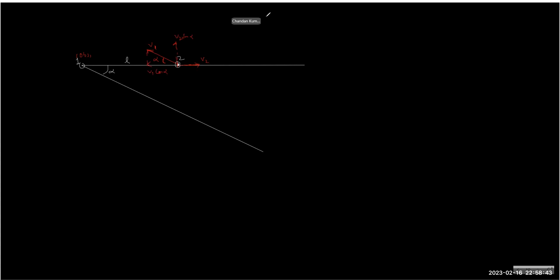So in a better way, you can write like this. This is L. So it will have 2 components. V2 minus V1 cos alpha towards right. Or you can take left also, it doesn't matter, depending on which one you want to assume bigger.